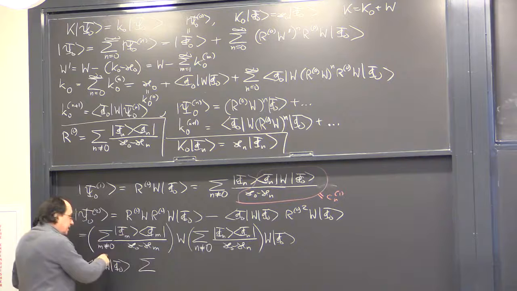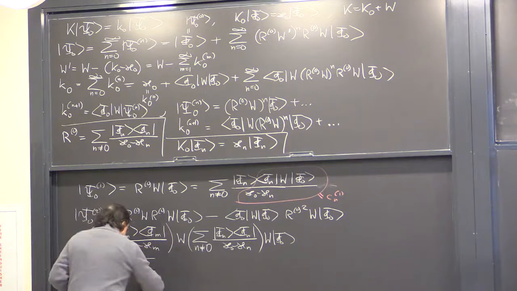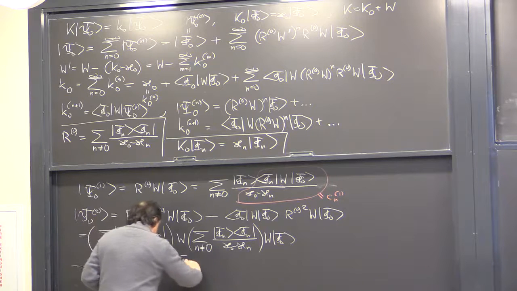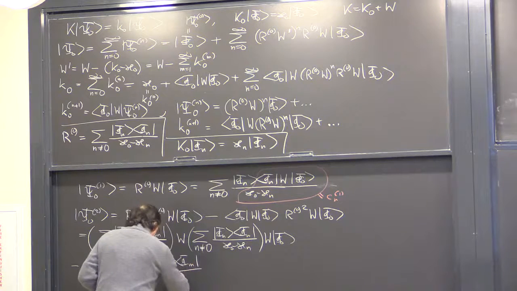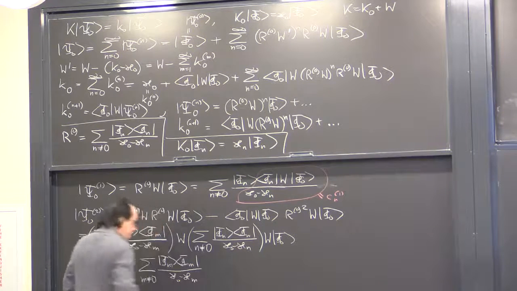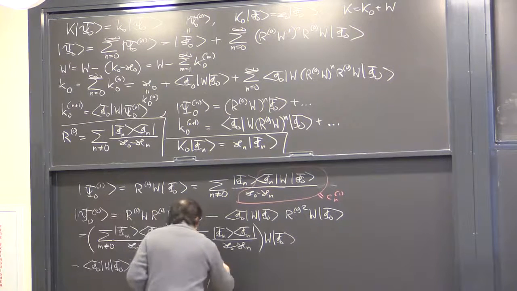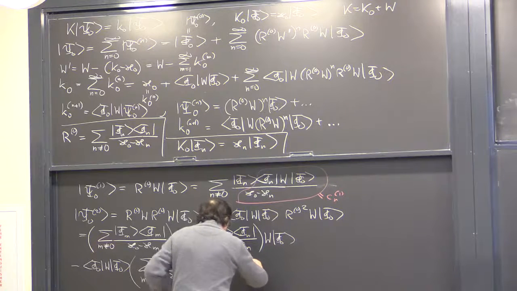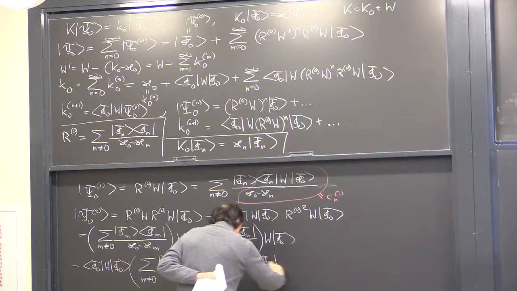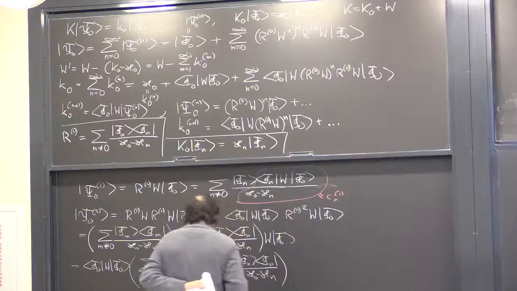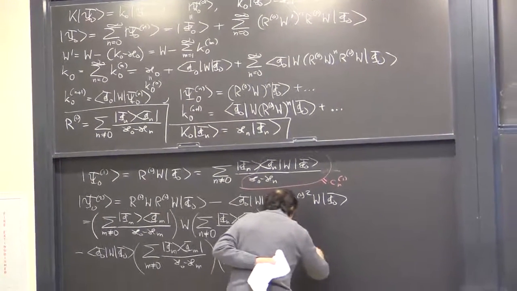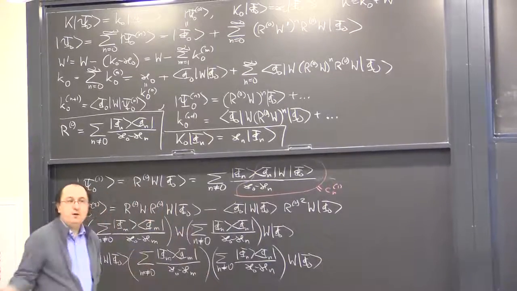Again, I'll write it as two summations: sum over m different than 0, phi m, for the first resolvent, and then sum over n different than 0, phi n over kappa 0 minus kappa n for the second resolvent. Now I have R0 squared taken care of. Then I have the W, and then I act on phi 0.